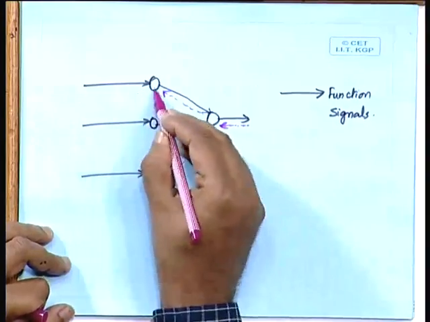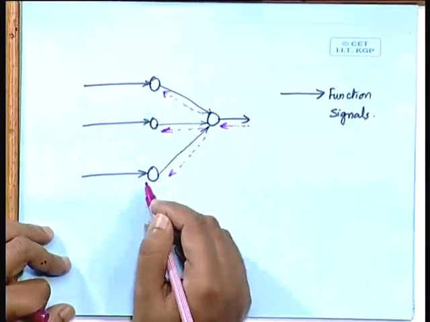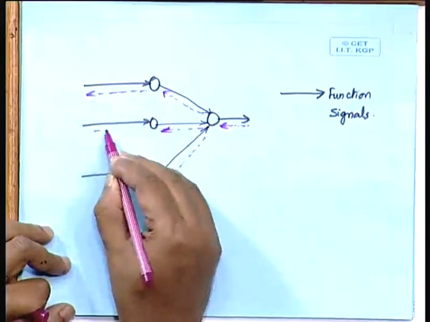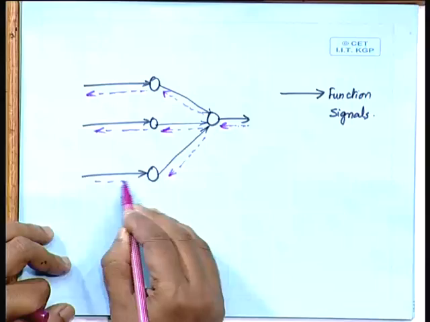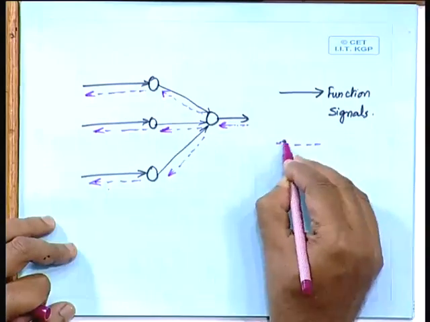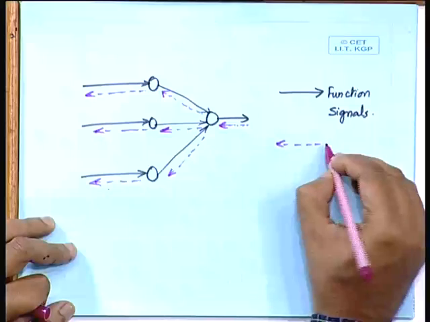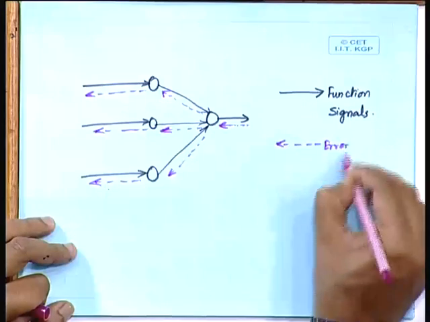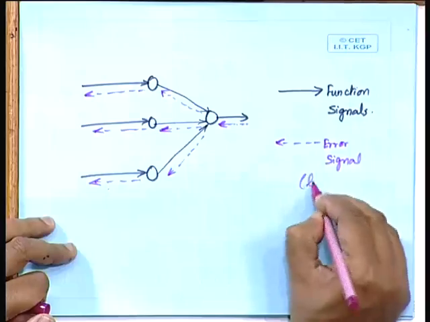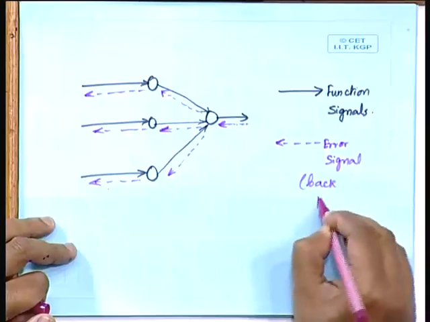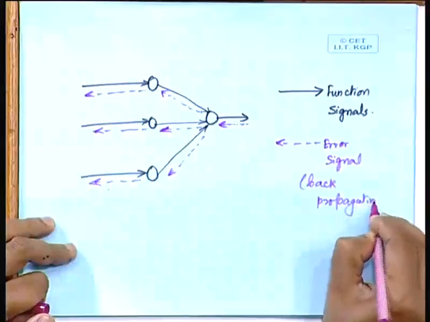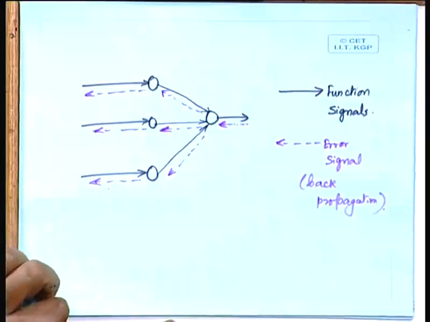And then once the errors are computed here, this error should be further back propagated. So, this is the flow of the error signal. What I am drawing with this color is the error signal, which is by back propagation. Okay, so this is the concept.